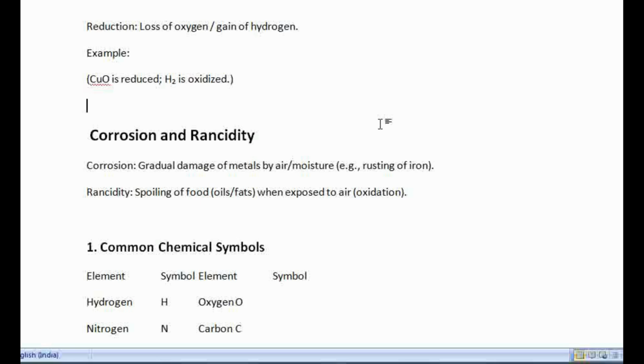You can observe corrosion in our daily life, like rusting of iron. And rancidity is spoiling of food, means oils and fats when exposed to air. You can also say it is oxidation. So this is corrosion and rancidity.